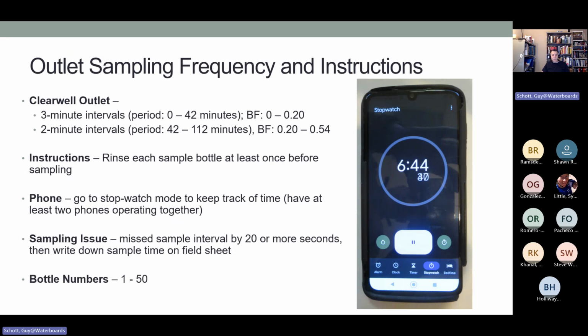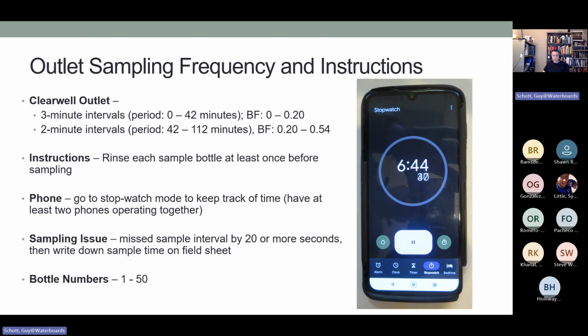All right. Let's talk about our sample frequency. For the outlet, I'll give you a form that has the sample intervals on it.